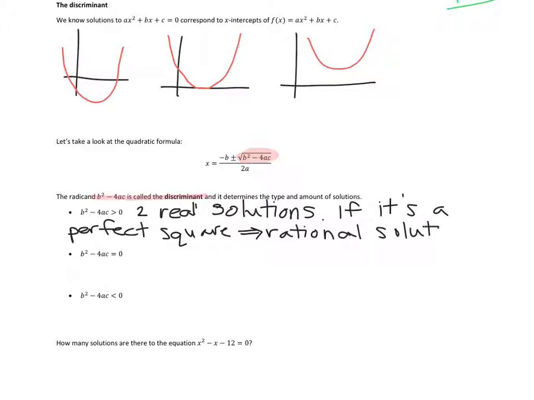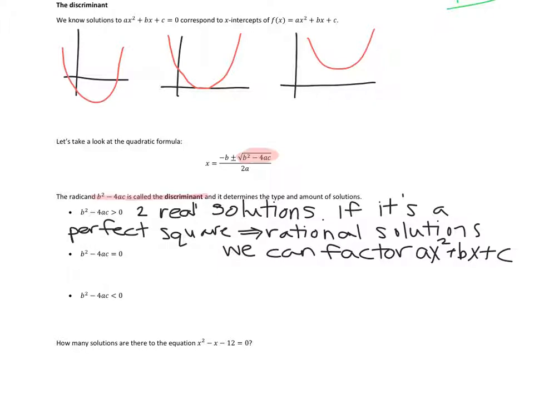So that's a powerful result. If b squared minus 4ac is a perfect square, we can factor. And we can actually factor and solve using the zero factor property. All right, so there's a powerful way to let us know if we can factor a trinomial.